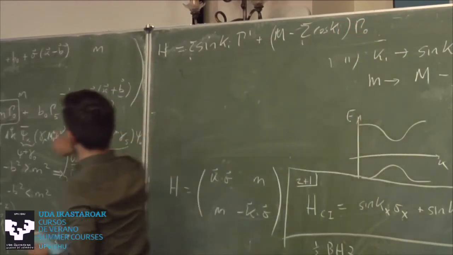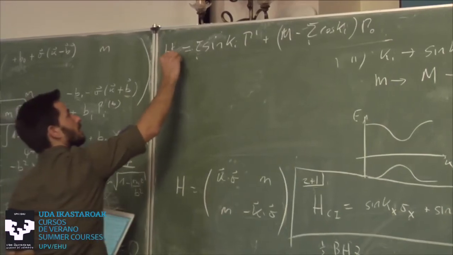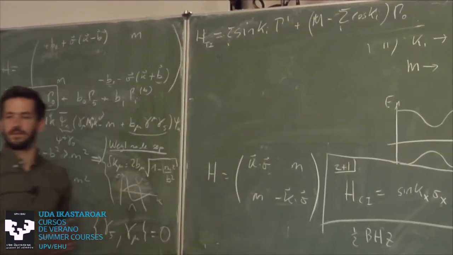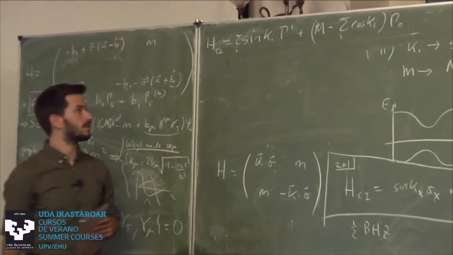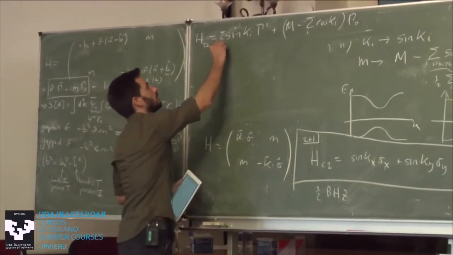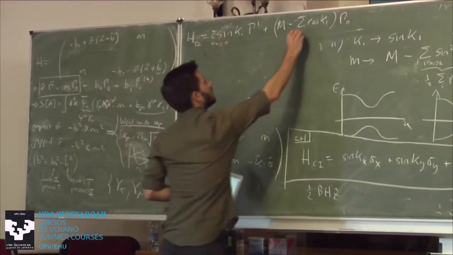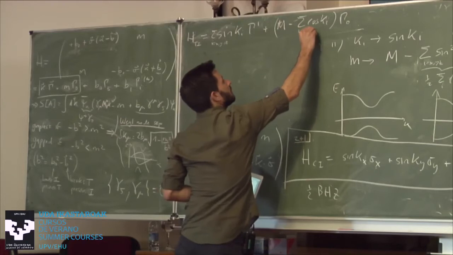So I'm just applying this thing here. And actually this Hamiltonian describes a topological insulator, a 3D topological insulator, with the sum over x, y, z.